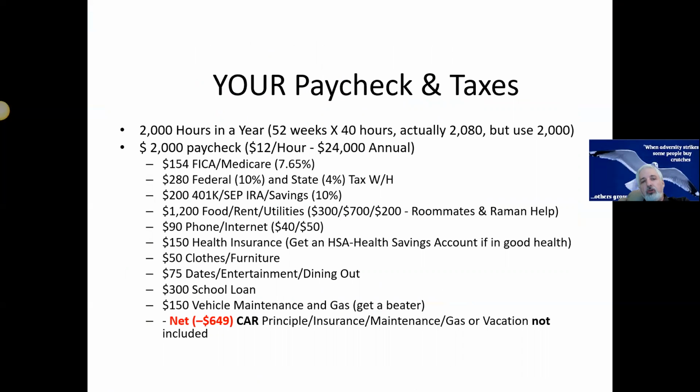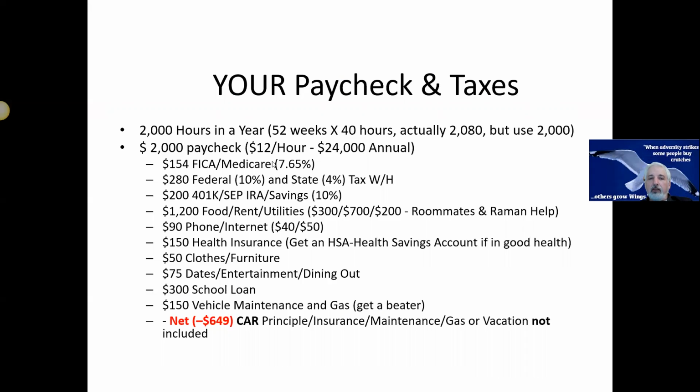So if you have a $20,000 annual salary, divide $20,000 by 2,000 hours, you get $10 an hour. In this example, we're assuming $12 an hour, $24,000 annual salary divided by 2,000 hours, it's going to be $12 an hour. So here's our $2,000 paycheck.